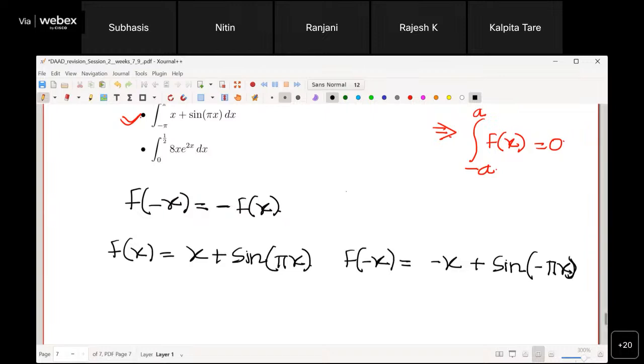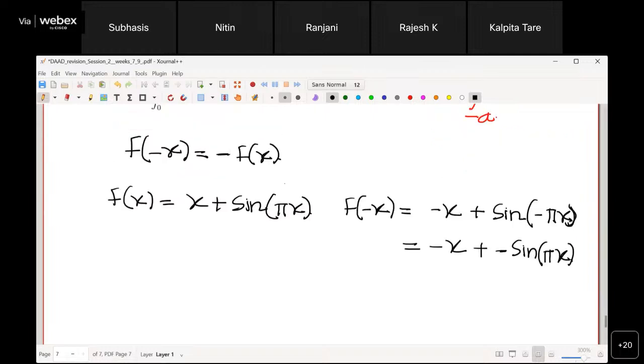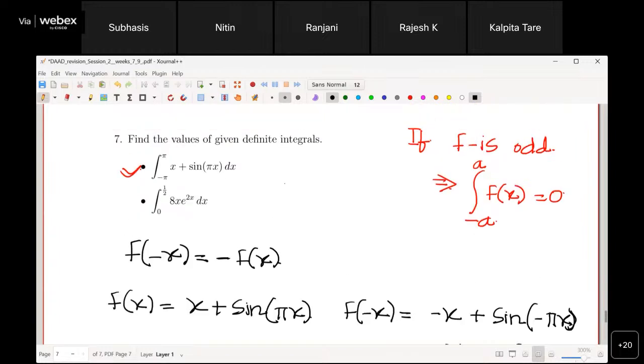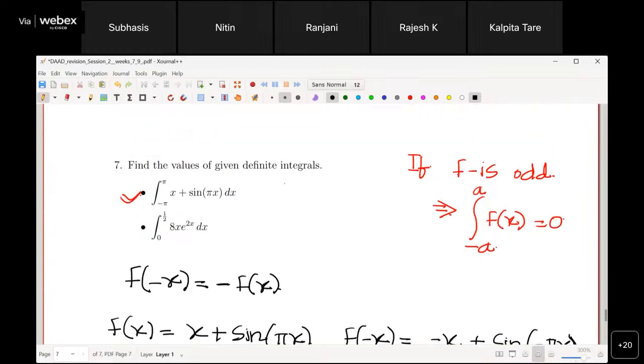And one more thing, we know that sine function is an odd function, so I can write minus x minus sine pi x. So in the end, what I am getting here is minus of f of x. So whatever function it is, this is an odd function.